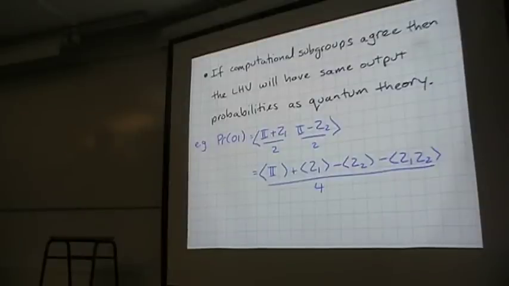Expand it all out, you just get expectation values of things that are products of Z's. So the upshot is that if I can make the computational subgroups agree between blind stabilizers and real stabilizers, then I'll get the same statistics for measurements in the computational basis as quantum theory does.